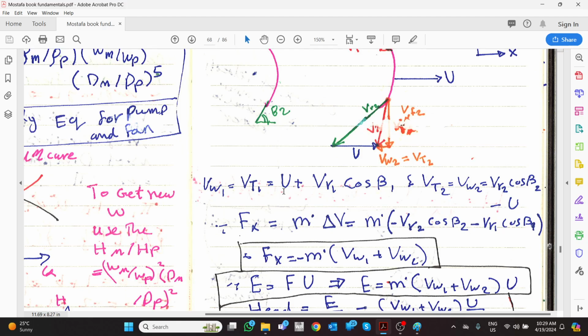M dot is rho multiplied by the velocity multiplied by the projected plane area, multiplied by the velocity again, because it goes from velocity to zero, so it is v squared.